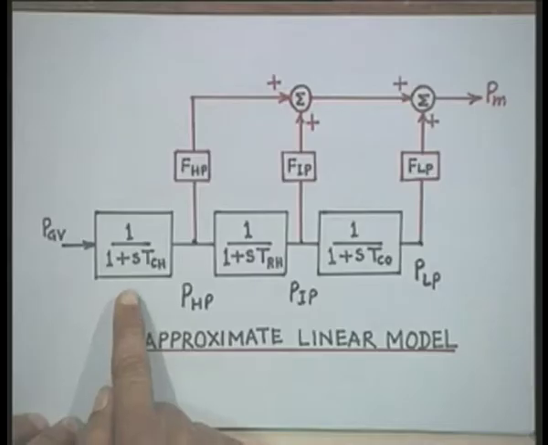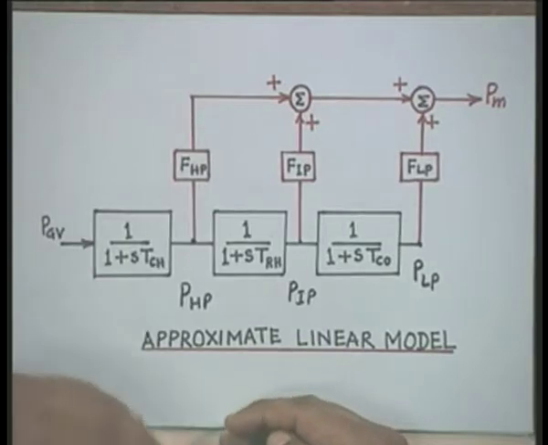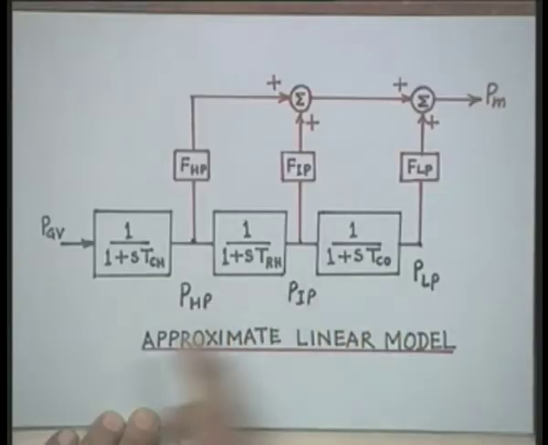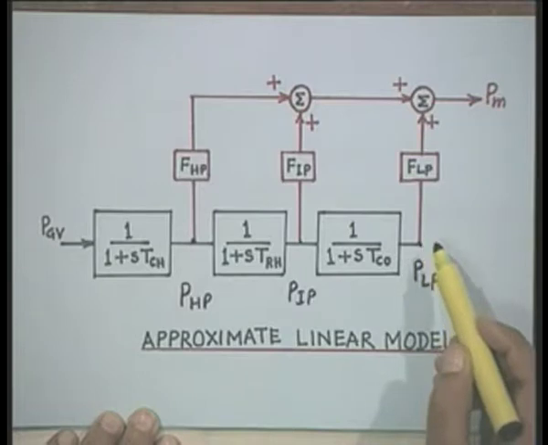For each of these sections we can write down differential equations, because the model is to be written as a set of differential equations. In this particular case there are 3 time constants, and therefore 3 differential equations will be required to describe the steam turbine.